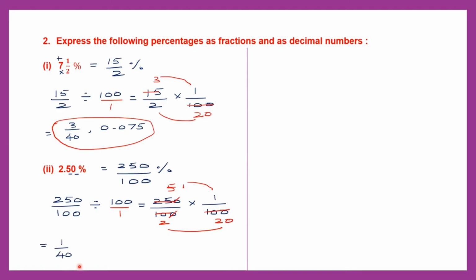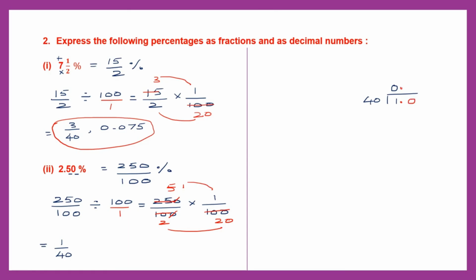So this is my fraction form. Now I have to get the decimal form also. So how do I get the decimal form? I divide the numerator by the denominator. So let's do that. Divide 1 by 40. 1 is smaller than 40. So I have to put a 0 on top and I need to continue my division. For that I will put a point here and a point there and I'll put a 0.